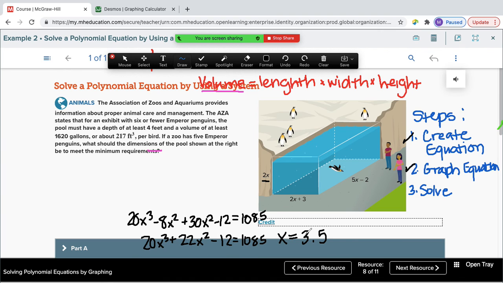So now that I know what x is, I'm going to just plug it into each of the dimensions to figure out what they should be. So the first one, I have 2 times 3.5. That first dimension should be 7. Next, I have 2 times 3.5 plus 3. So I have 7 plus 3. That dimension should be 10.